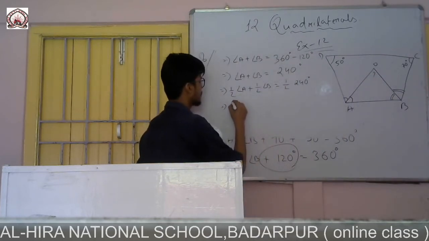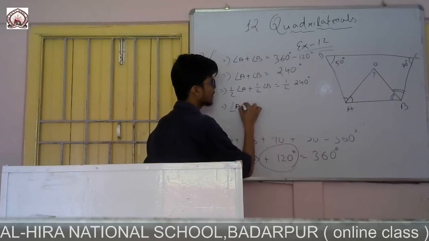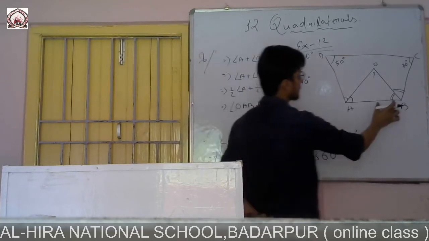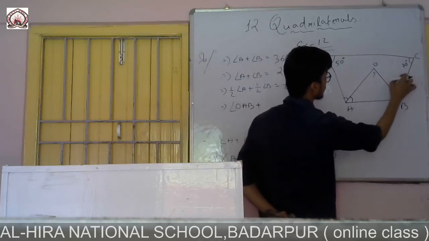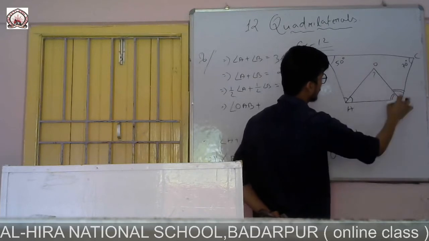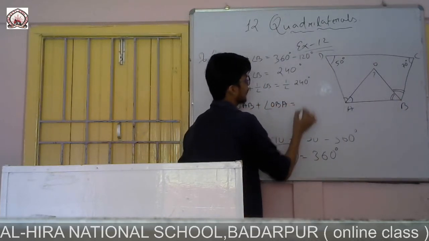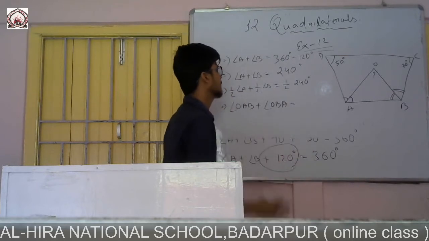So in place of half of angle A, we write angle OAB, plus half of angle B. Again I will write this angle, OBA, angle OBA, which is equal to half of 240 degrees.